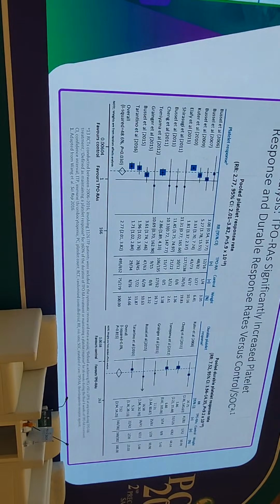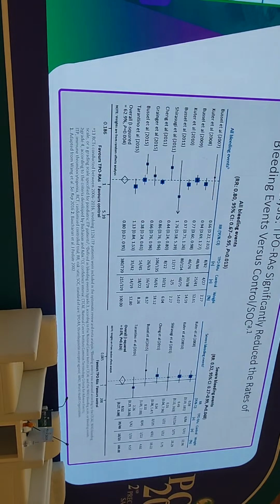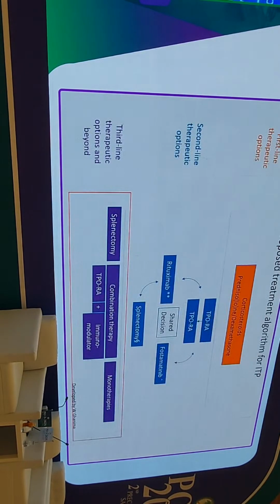If you look at the meta-analysis, the TPO agonists significantly increased platelet response compared to the standard of care. Multiple studies show this. If you look at the risk reduction rates of bleeding, of course, it shows this drug because it's more effective in increasing the platelet count. And that's the proposed treatment algorithm for ITP.